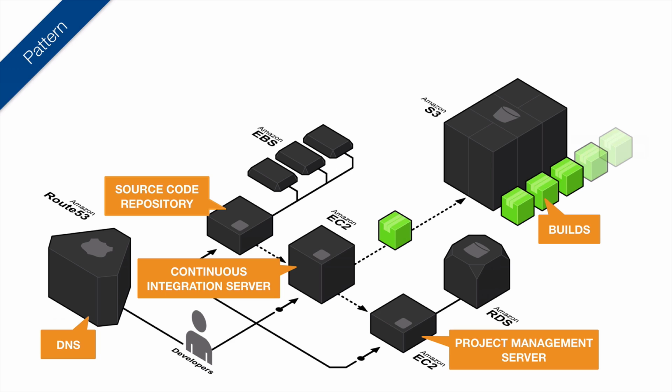The developers access those services, obviously to work on features or on issues that might have been submitted via their project management system, building and committing those changes into a source code repo, and then using a CI server to build those, depositing artifacts from those builds into S3 for later deployment. This is a pattern that we see very commonly amongst customers.